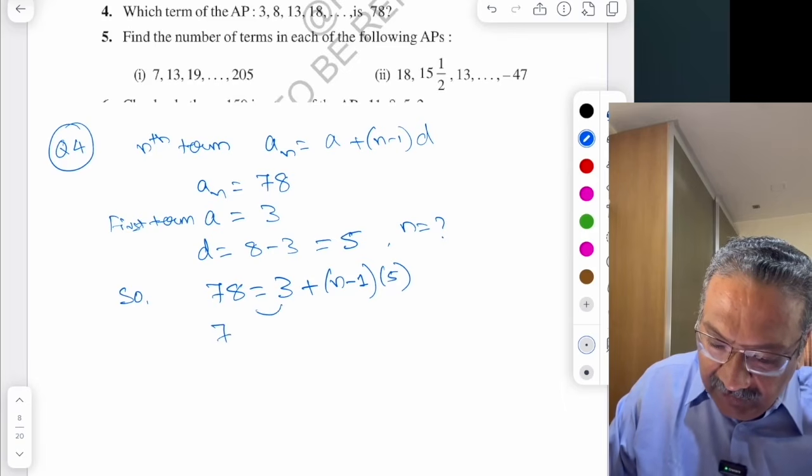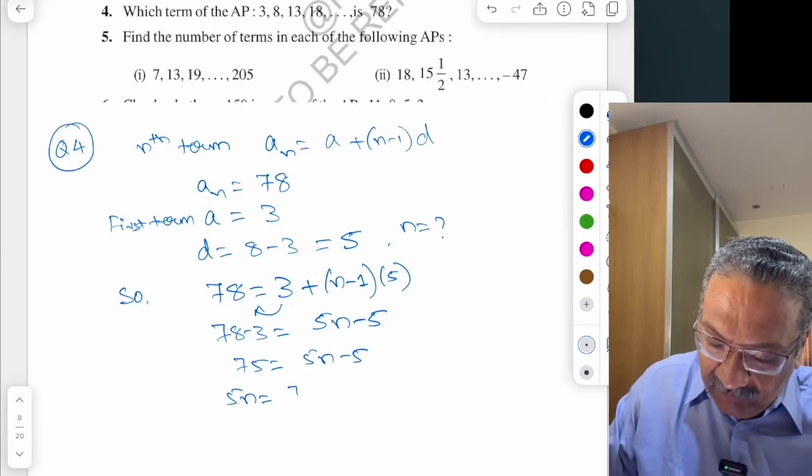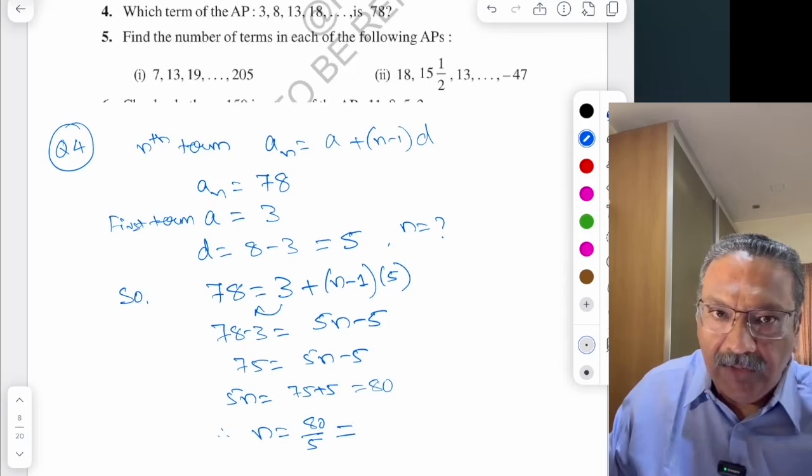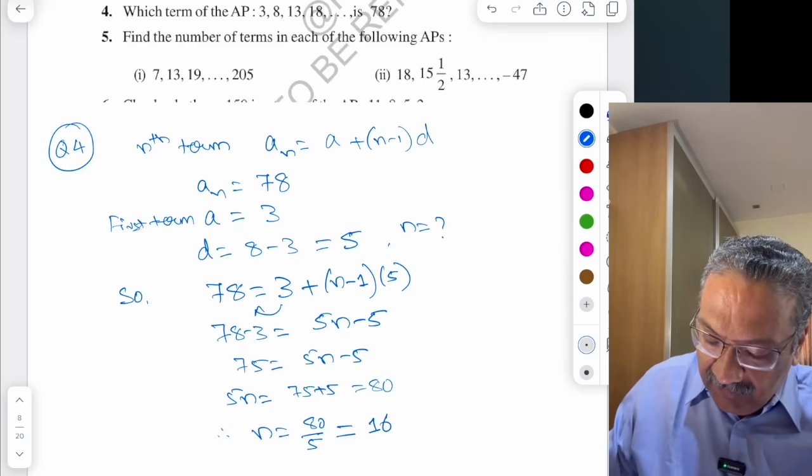Expanding we get, 3 if it comes this side, 78 minus 3 is equal to 5n minus 5. 75 is equal to 5n minus 5. So 5n is equal to 75 plus 5 is equal to 80. Therefore n is equal to 80 by 5, it happens to be 16th term. So 16th term is the answer.